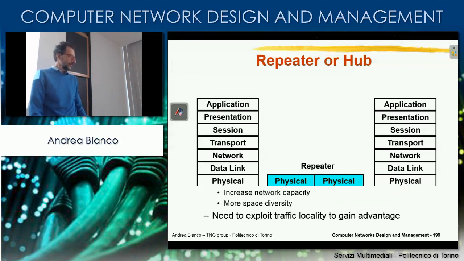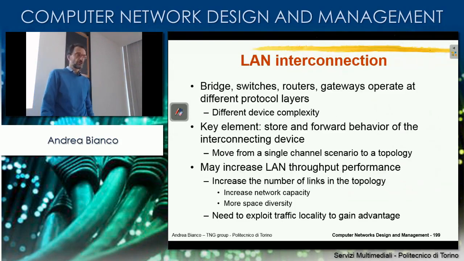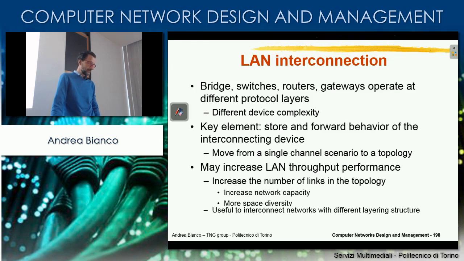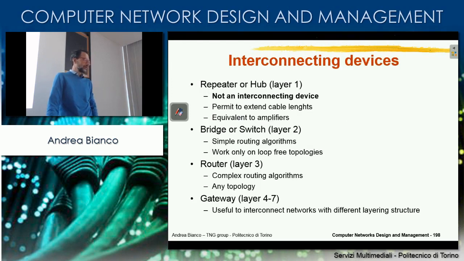We almost ended up the review part on LAN interconnection. If you remember, we said that we can have interconnection at different levels of complexity and at different layers of protocols. And basically, we were focusing on some interconnection properties which refer to either bridge or switch interconnection, or router interconnection, or any interconnection type above layer 3.